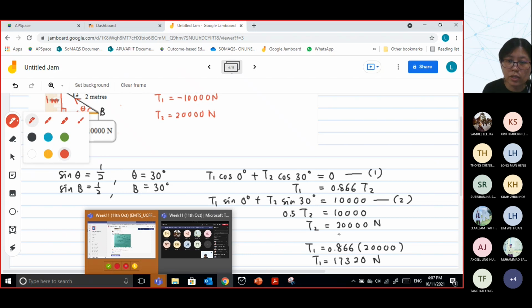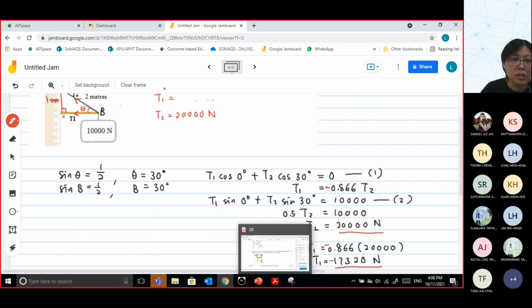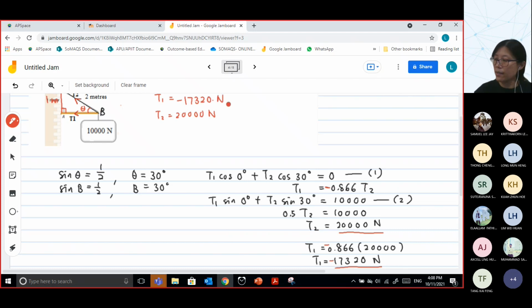Okay, I made some calculation mistake. Miss, the first equation, T1 cos 0 plus T2 cos 30, when T2 cos 30 is thrown over, no negative? Yes, negative, sorry. True, transpose to the left. So there is a negative here. So this one should be negative 17320.